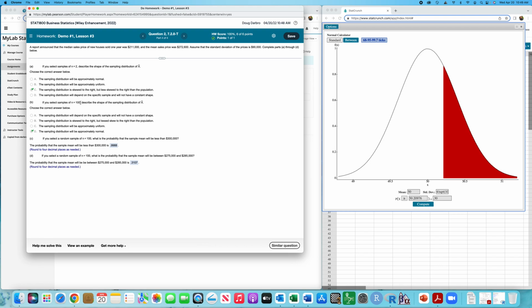Now, if we select samples of n equal 100, then we go above that threshold of 30, and we can see that the sampling distribution will be approximately normal, allowing us over here to the right to use the normal calculator. So if we select a random sample, what is the probability the sample mean will be less than 300,000? So I need to come in and put the mean, which is 272,600.